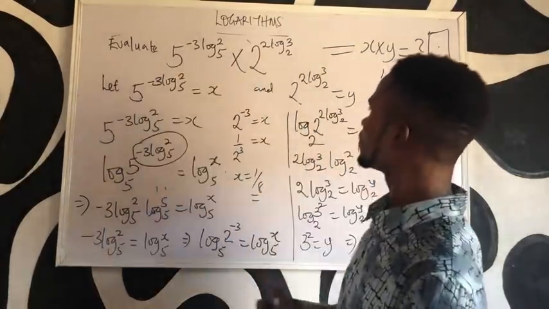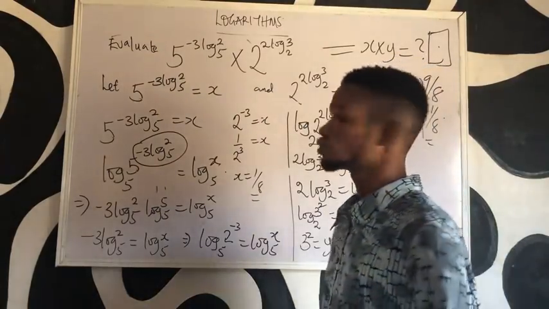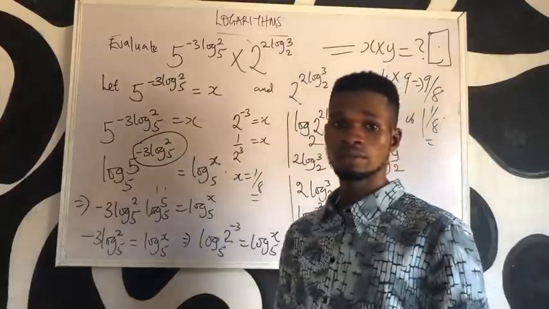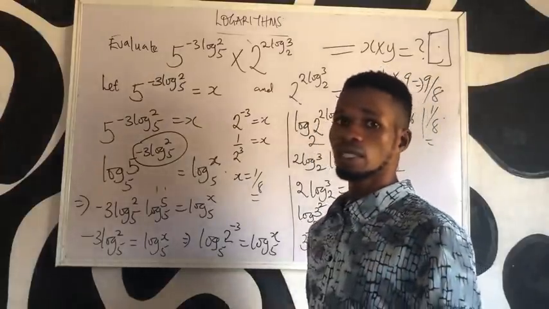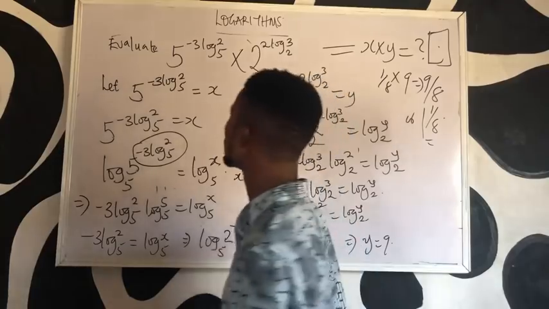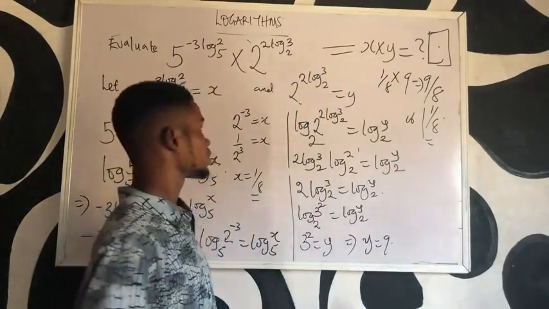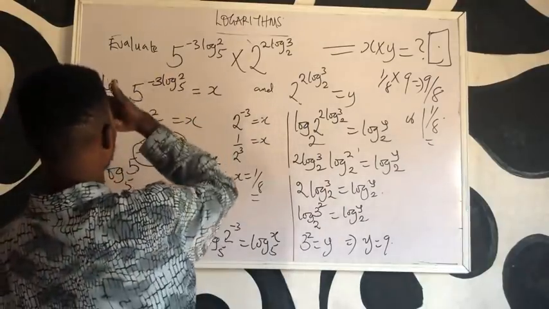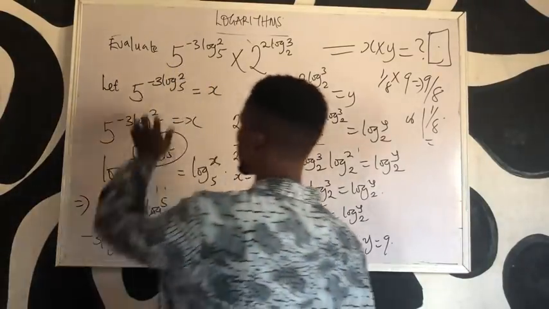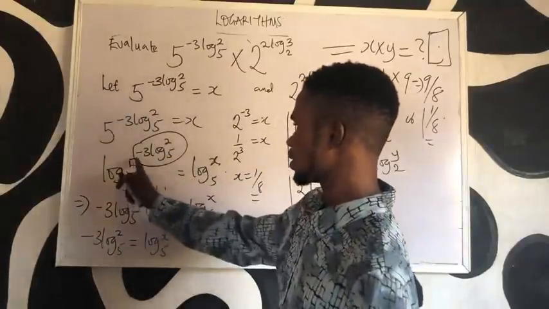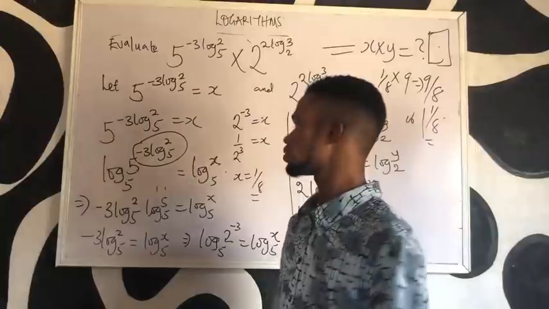We're given: evaluate 5 raised by minus 3 log 2 base 5 times 2 raised by 2 log 3 base 2. Then we remember from law of logarithm that the logarithm of the number to its own base is 1. Then we have 5. If we take the logarithm of both sides to base 5, then we can say log 5 base 5 is 1.